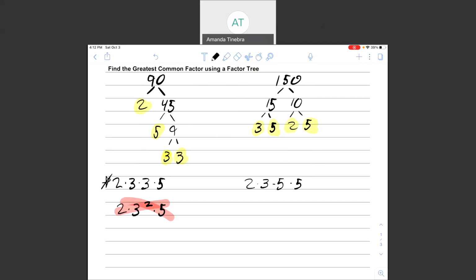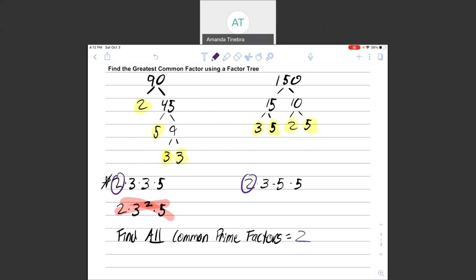So, to find the greatest common factor, we are now going to look at all these prime factors, and find all the ones that we have in common. So we want to find all common factors. Okay? So if I do that, I say, okay, 2, that's common.